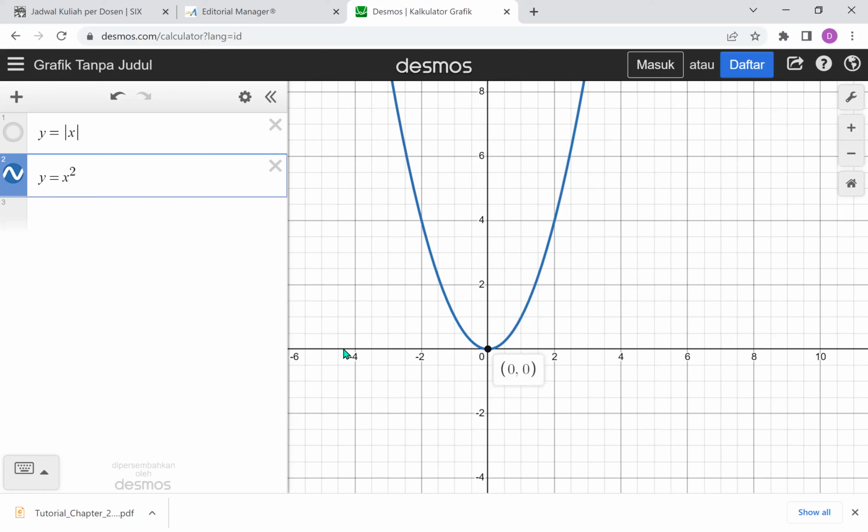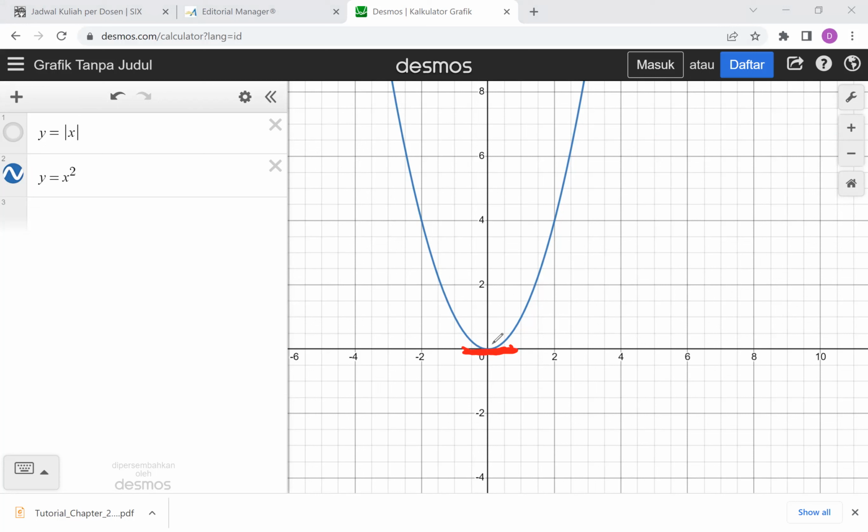So you'll see that the difference here, if you consider the point x equals 0, the gradient of the tangent line here is 0.